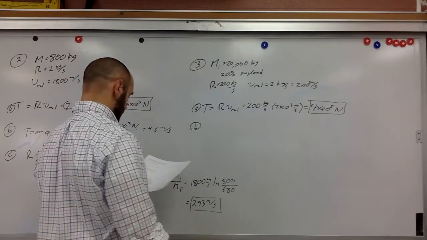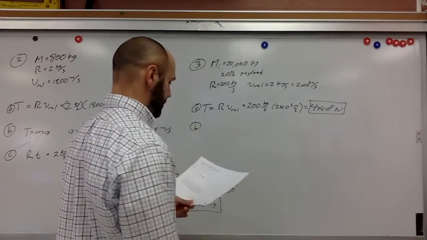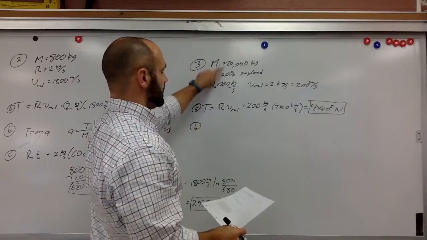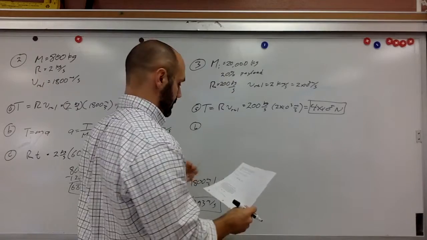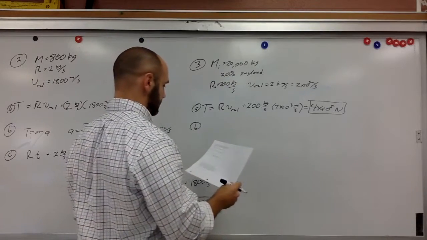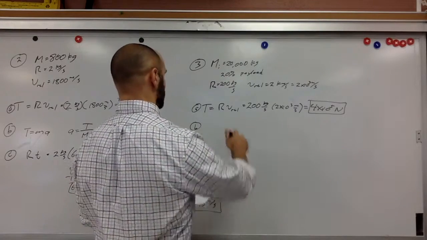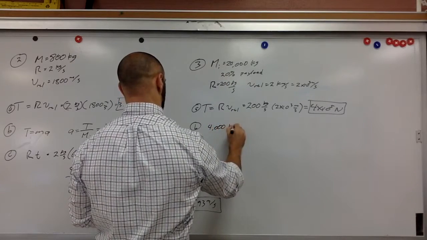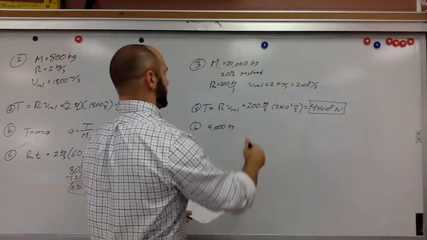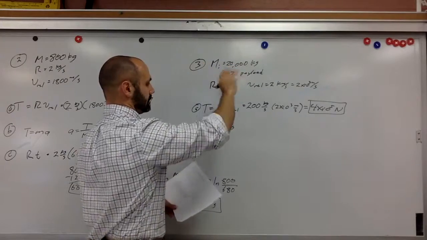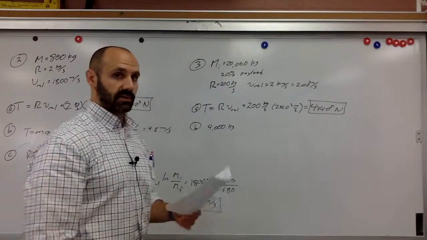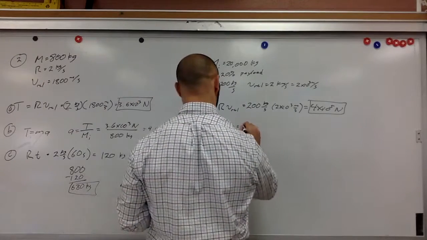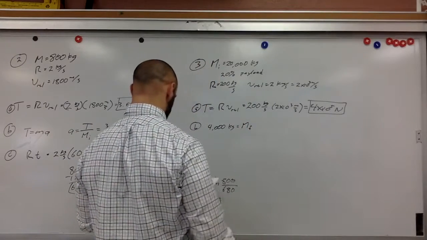Okay, and then what we're looking for is the change in the rocket's velocity when all the fuel is spent. All the fuel means 80% of this. And so 20% of this is 4,000 kilograms. That's what's left after the other 16,000 has been spent. All right, so this is my final mass.